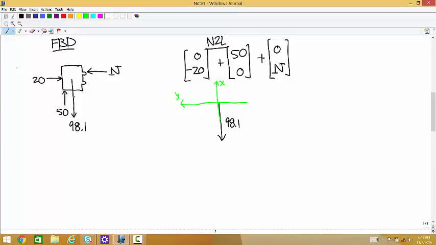And so what's the angle to get from the positive x-axis to the vector? 180. And so it would be 98.1 times cosine and sine of 180, which would give you negative 98.1 x, 0 y.